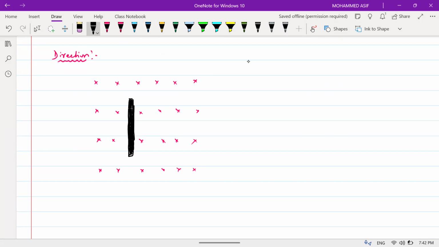This is A, this is B, the length of the conductor is L, and this is moving with a velocity V.